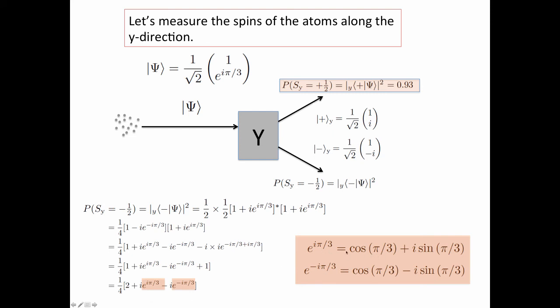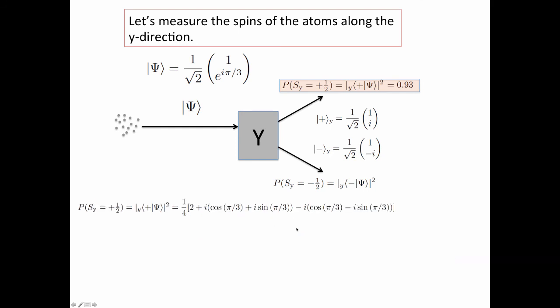We substitute in these expressions for the complex exponentials in terms of cosines and sines. We get this expression here, multiplying the factors of i into these parentheses, and bearing in mind again that i times i is minus 1. Then once again we can see that the cosines cancel and the sines add together.